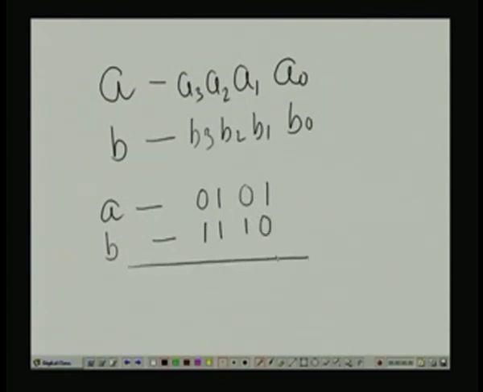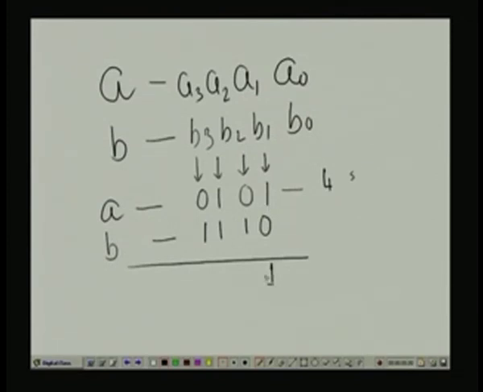Now, I am adding. I can treat this as if 4 single-bit adders, because here only a single input of A0 and B0 I am adding. So, this is 0 plus 1, 1.